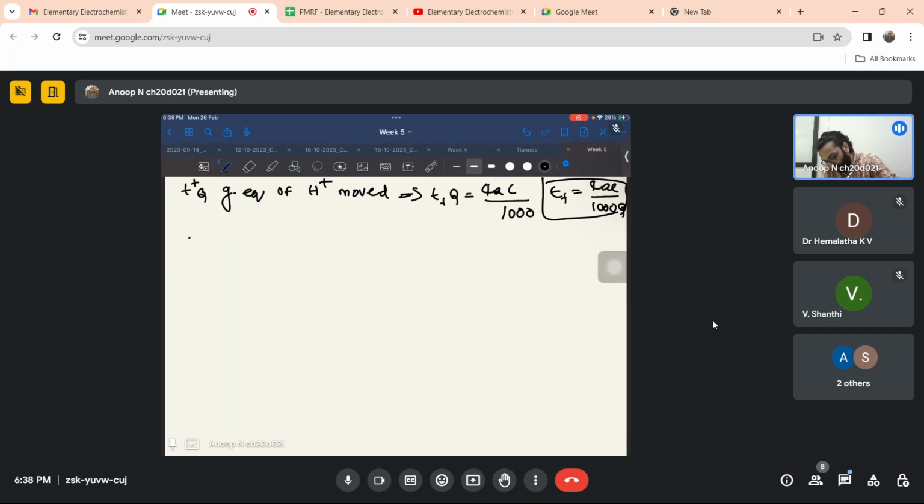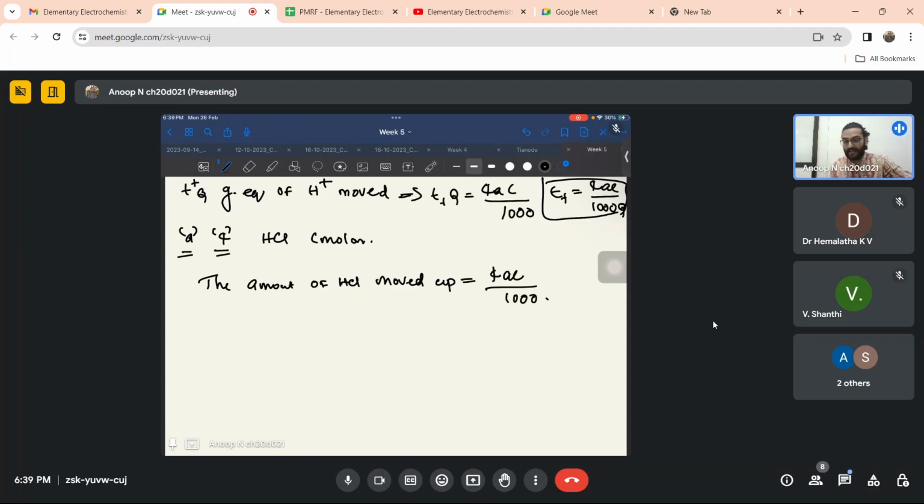Suppose we take a uniform cross section of A and the boundary moves up by a distance L. Suppose the concentration of HCl is C molar or C equivalent molar. So we can write the amount of HCl moved up is equal to LAC divided by 1000.